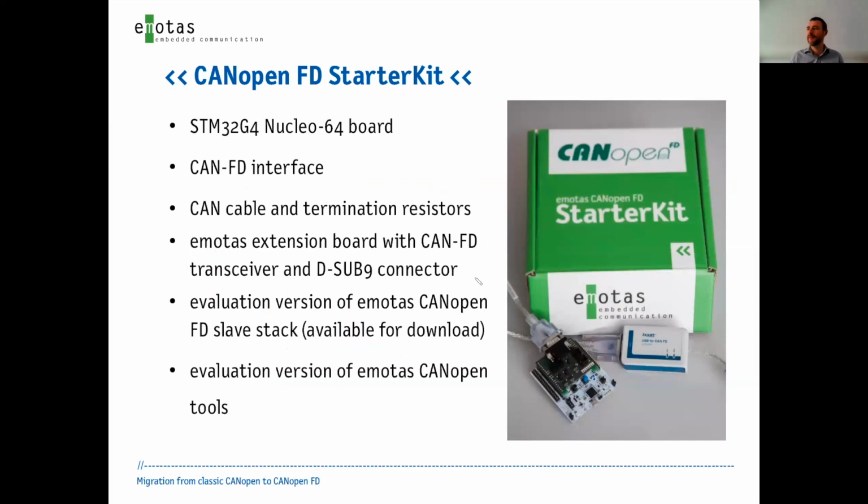It comes with a nice green box, but basically it contains a microcontroller and a CAN FD interface, cables, and an evaluation version of our CANopen FD stack. So you can just download the software and start with your CANopen FD development.